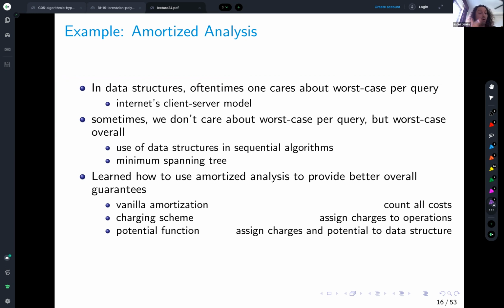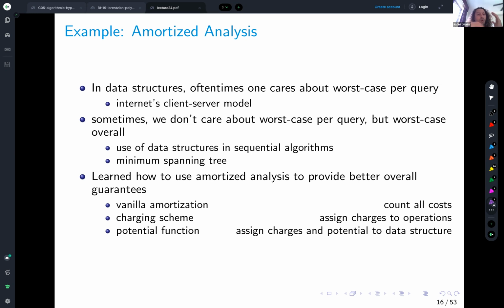But then we also saw different examples where it's really hard to keep track of the cost of every single operation. But then we came up with some mathematical ways of actually upper bounding this, right? And one of them, which was really natural, was the charging scheme, where I assign charges to operations.